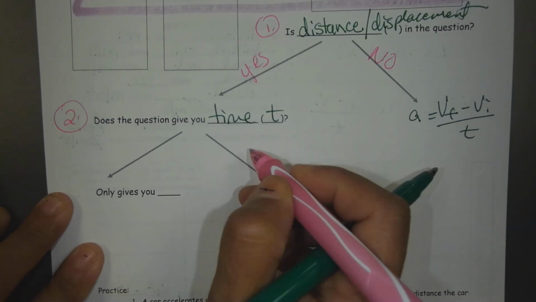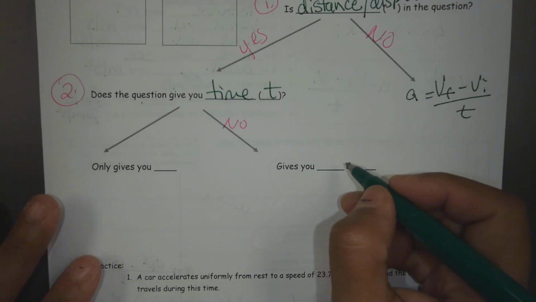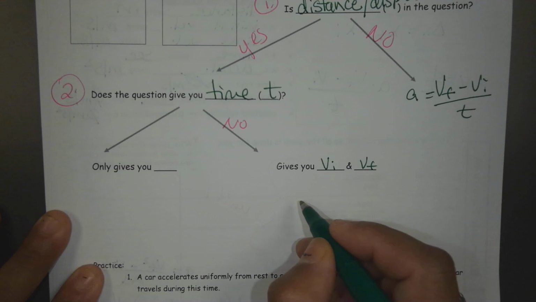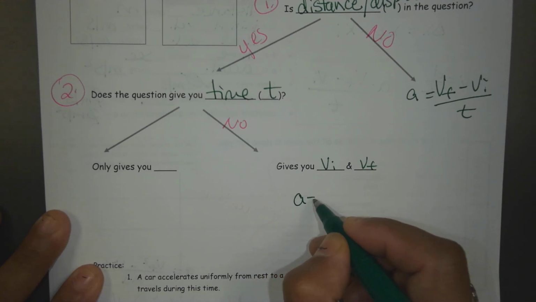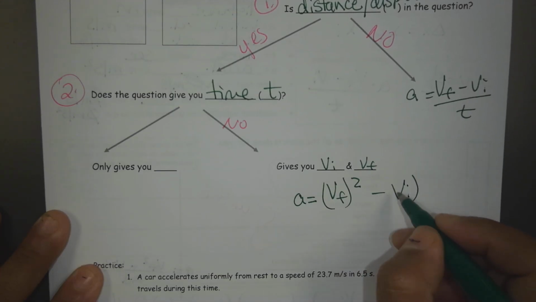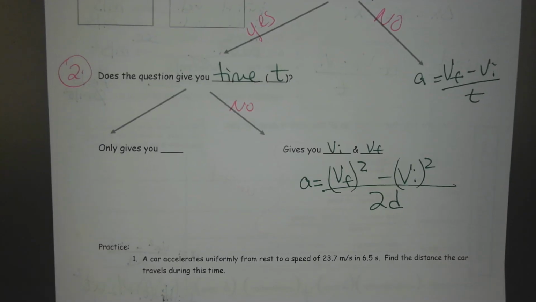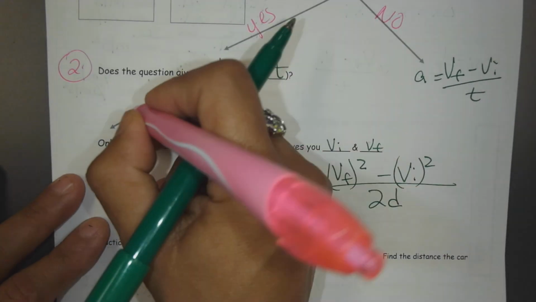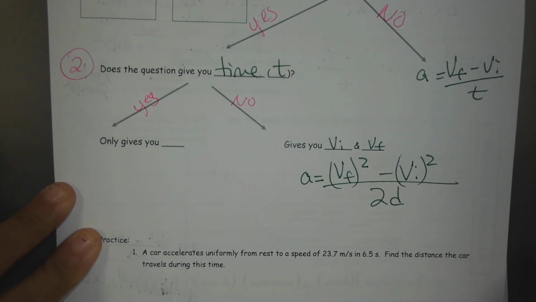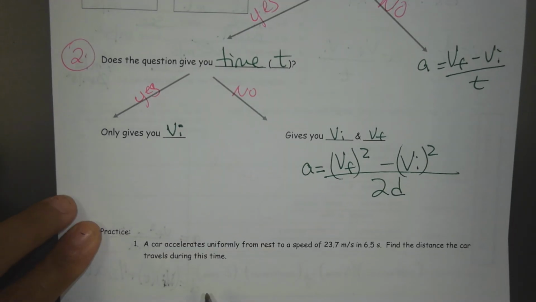If you say no, they never gave me time, then in that situation, they did give you VI and VF. Your equation says A equals VF squared minus VI squared over 2D. If you say, yeah, they did give me time, then you need to find out, were you given a VI?